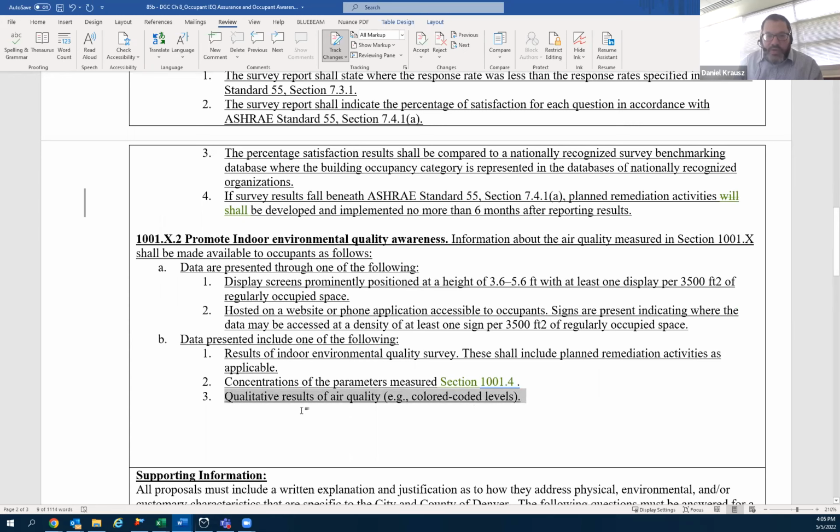I'm unclear on that. I think that I referenced this from the WELL Building Initiative, and I think that really just refers to the data visualization in either the display screen, the phone app, or the website.